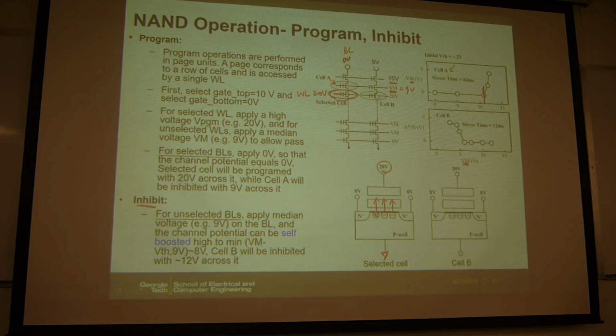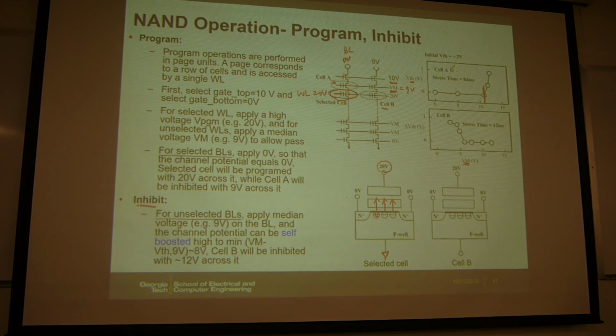But again, for the NAND, the cell B will have some trouble here. As long as the cells share the same word line or share the same bit line, they will have trouble. Cell B shares the same word line as cell A. So that means 20 volts on the gate of cell B. And then if we don't want to program cell B, then what do we do?